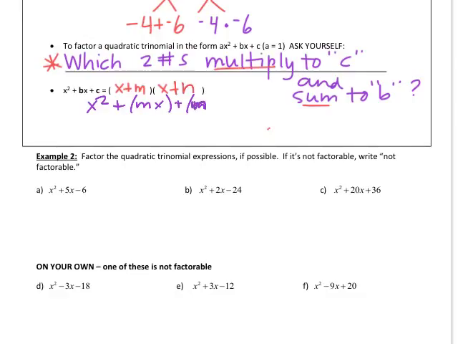This should be an n, sorry. And m times n. So if I FOILed it all out, I'd end up with x squared plus m plus n times x. This is our b, really, if you think about it, that this m plus n is what b is. And then at the end, we need what numbers m and n multiply to c.